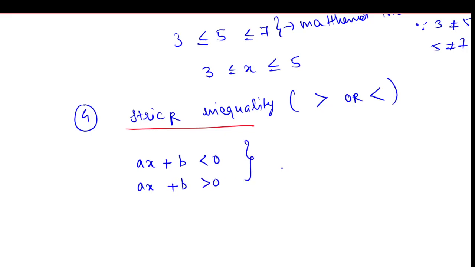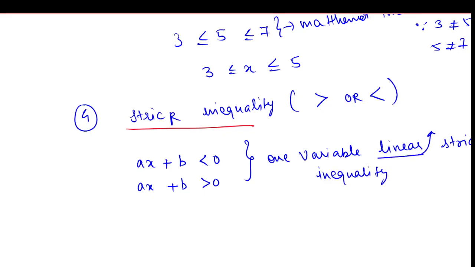So these are one variable linear strict inequalities. Why is it called linear? Because it contains only one power of x and only one variable x.